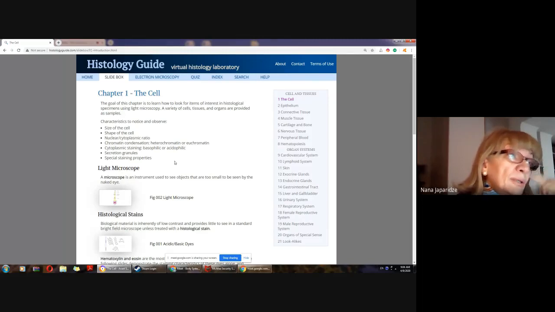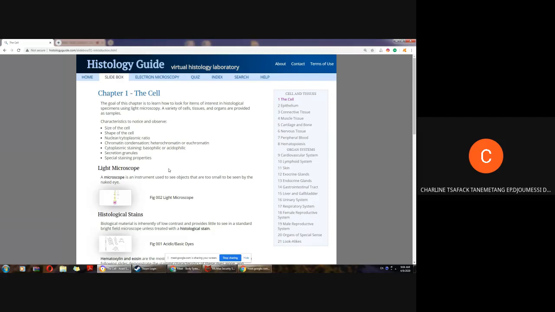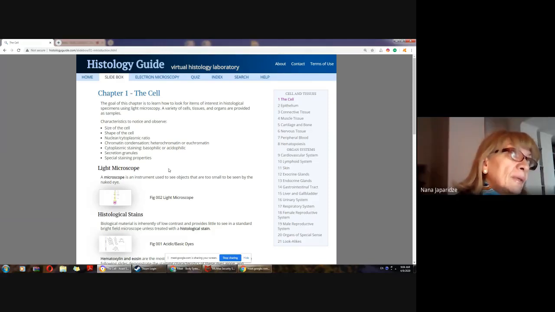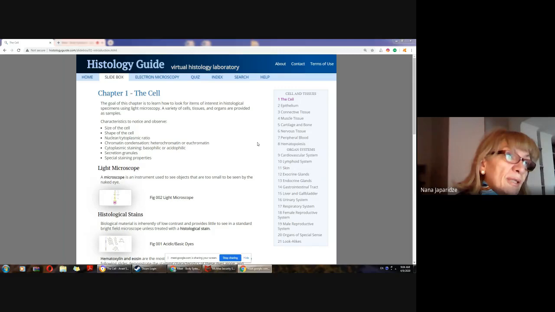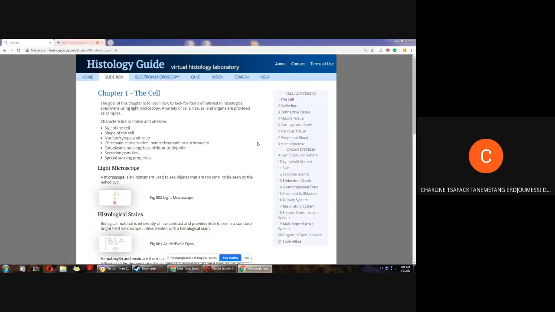Also very important is the level of chromatin condensation, or which part of chromatin prevails in the nucleus, for example, heterochromatin or euchromatin, because it gives us the possibility to consider the level of activity of the cell.